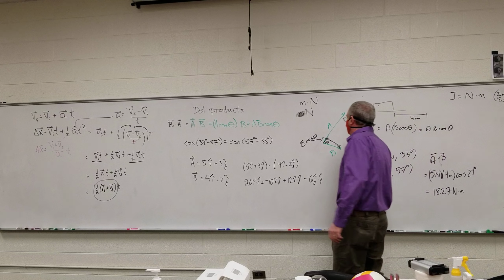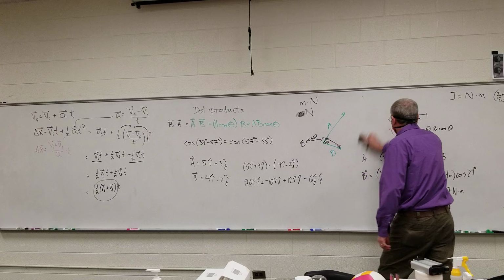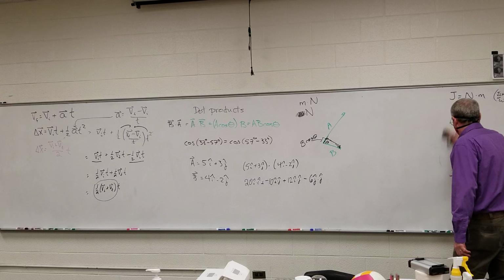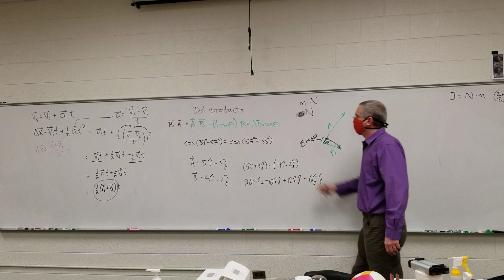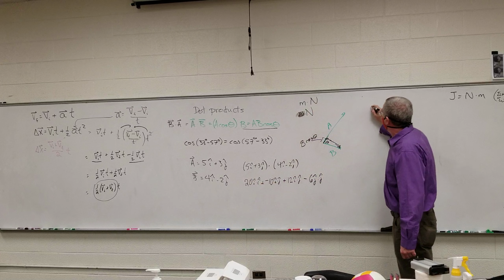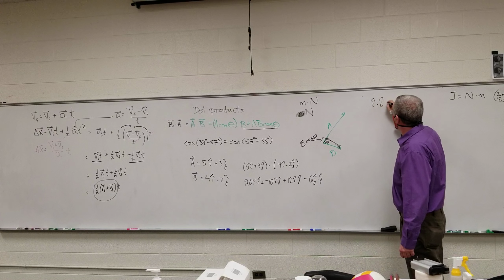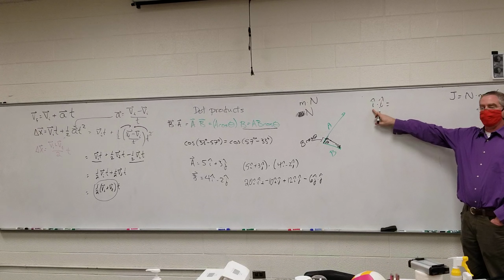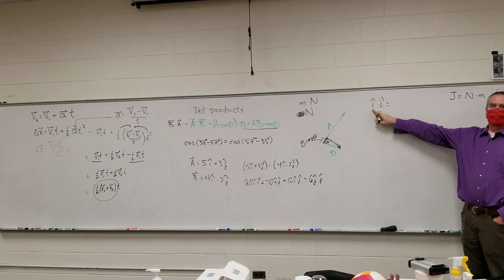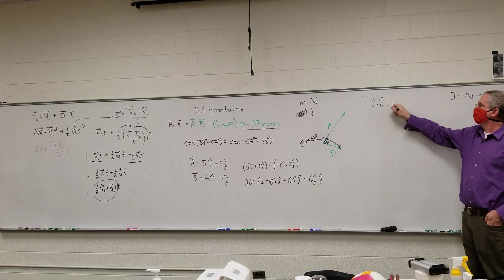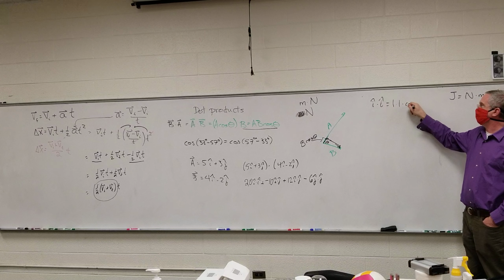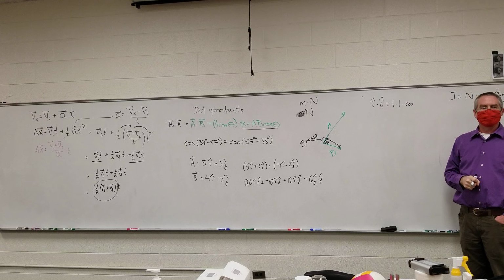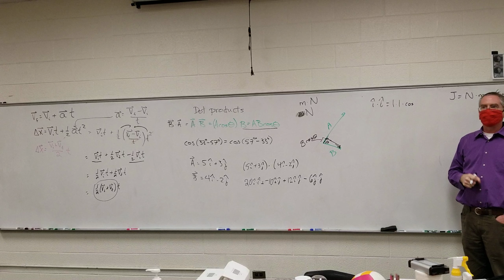Well, let's think about what that actually means. Let's not forget our formula here. So i hat dot i hat. Well, what's the magnitude of i hat? 1. Yep, 1. Times 1 times the cosine of the angle between them. 0.